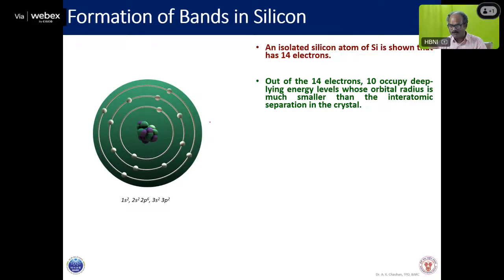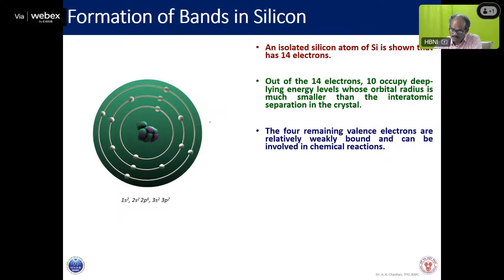Suppose the outer orbit is 10,000 kilometers, the inner orbit may be only 500 kilometers. I am just telling this as an example, it is not in kilometers. So the outer orbit is very far, and the inner orbits are very close.